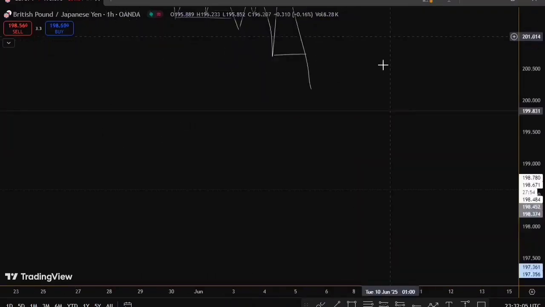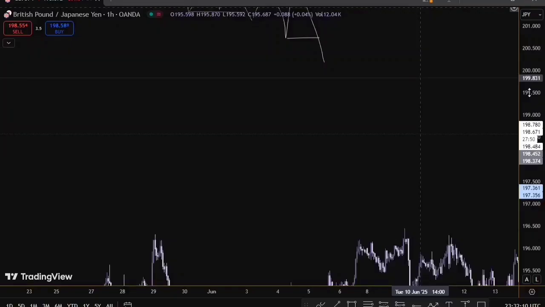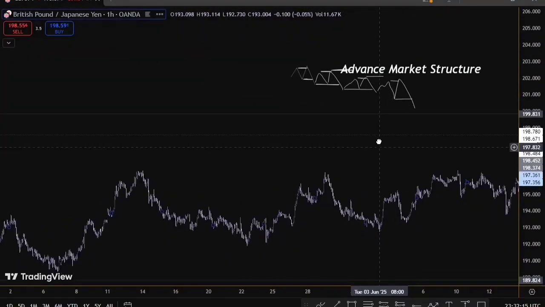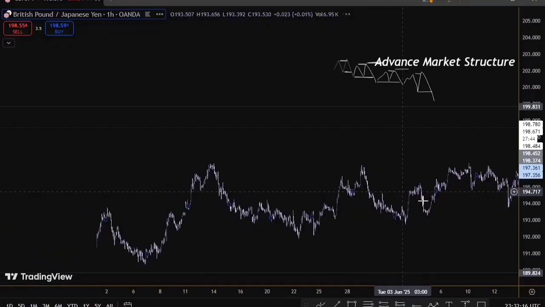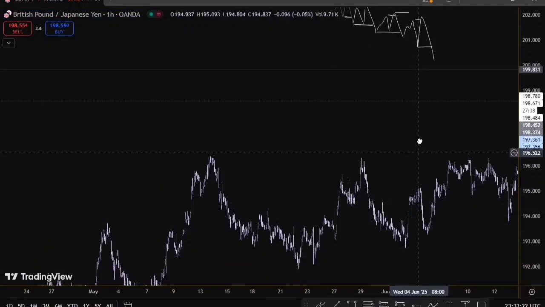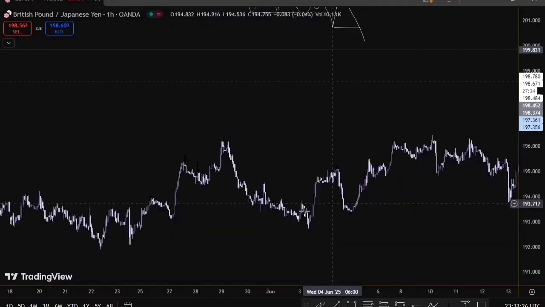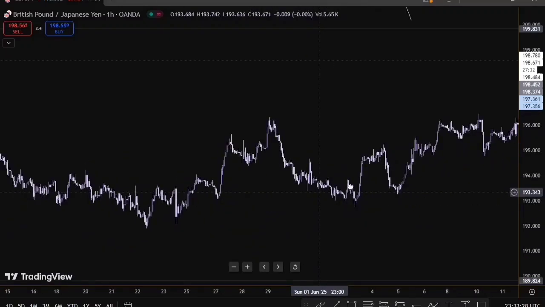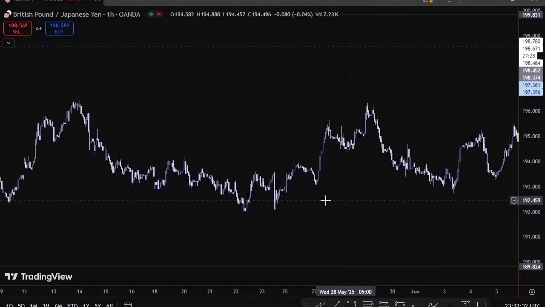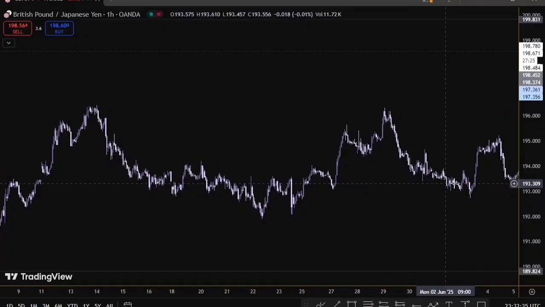So for this, we'll be using GBP JPY for our scenario. This is the 1 hour time frame. So what can we see? Just trading the same concept we talked about. Okay, let's look for a clearer example.